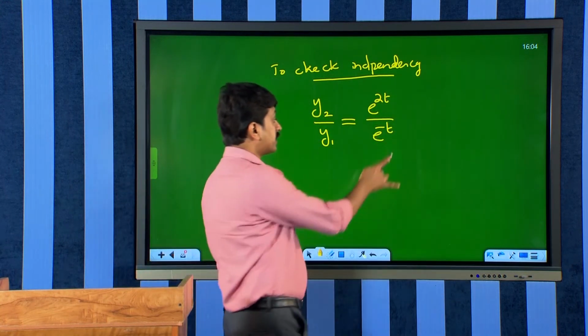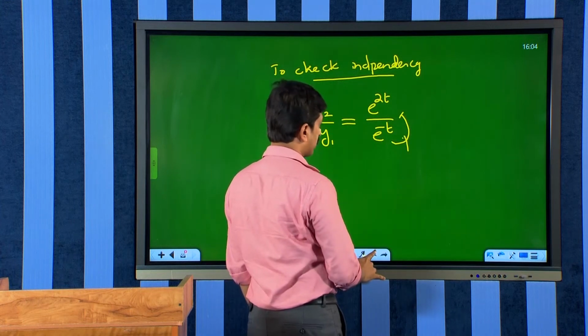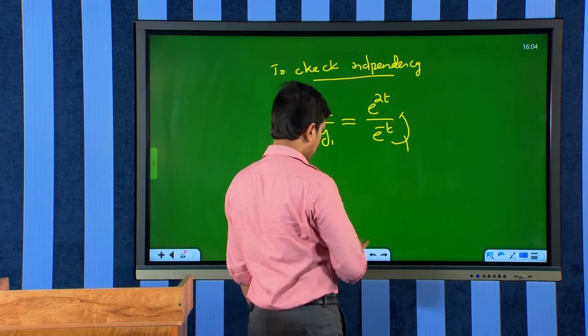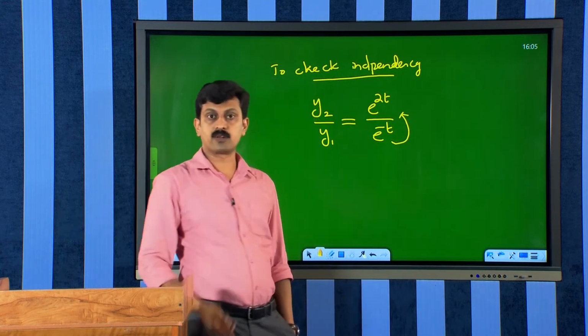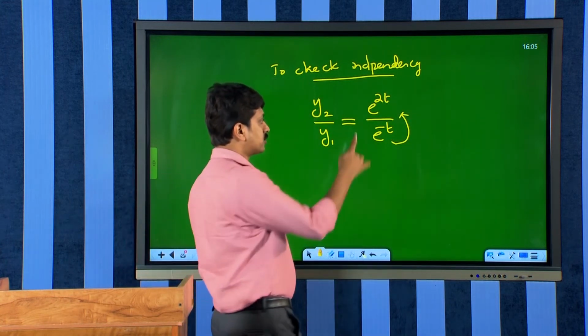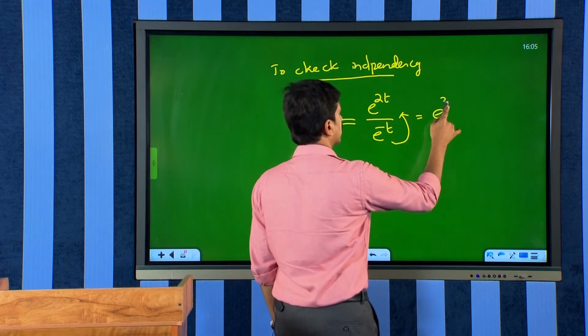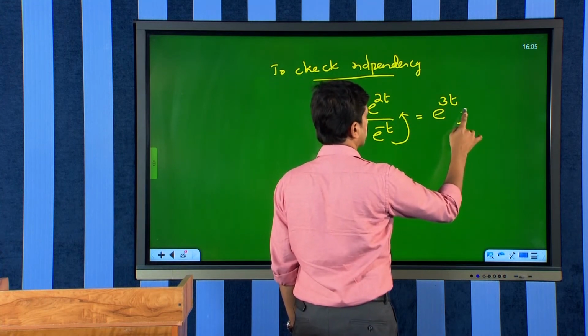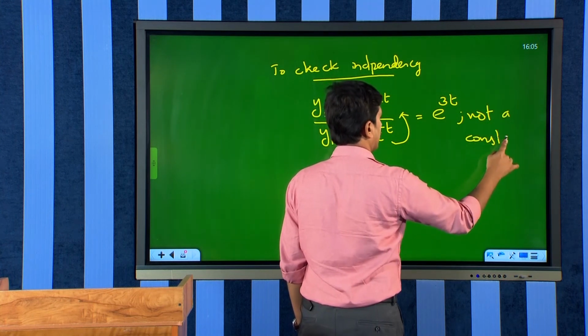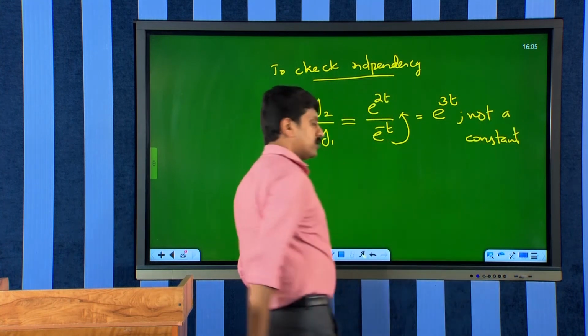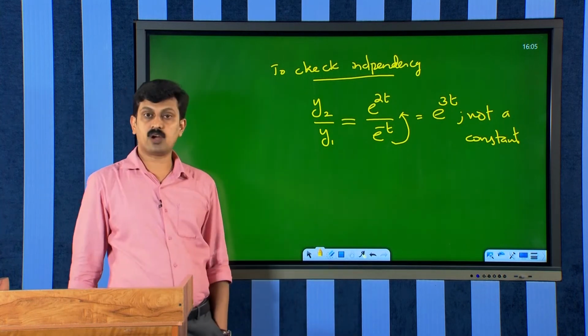Okay, we can take this e raised to minus t to the numerator. Therefore, e raised to minus t becomes plus t, so e raised to 2t plus t equals e raised to 3t, not a constant.